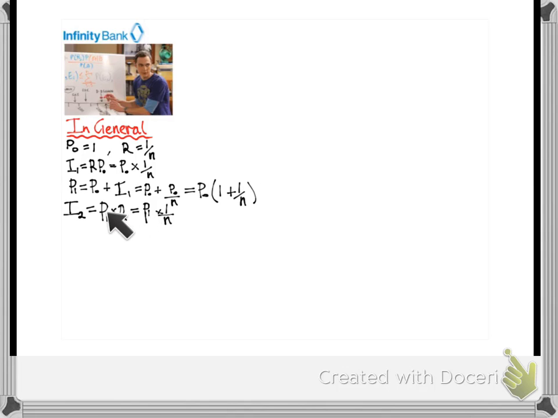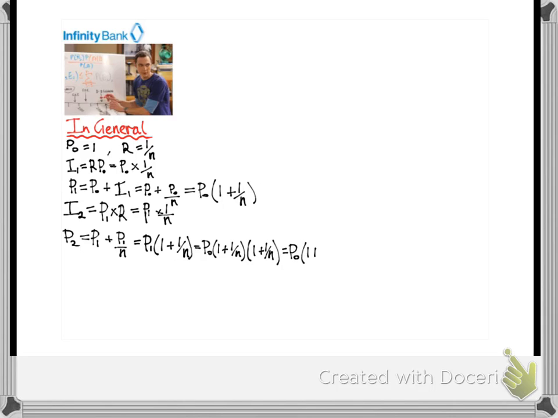So after the first calculation, you can see we've got this as our amount, bigger than our initial loan. And then the second time we calculate the interest, we've got the previous loan amount times 1 over n, the rate, and we're going to now add that on to the previous amount.